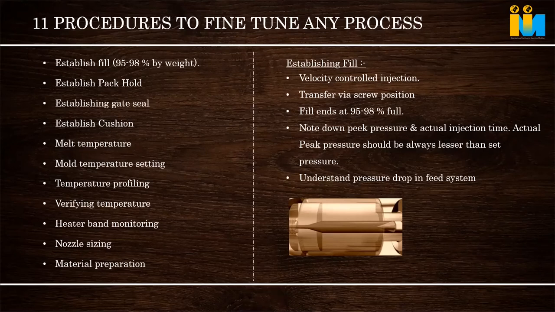One more thing. In the barrel itself, there is a place where it shows the temperature set in the band heater. And in some machines there is one more area showing the actual temperature achieved.